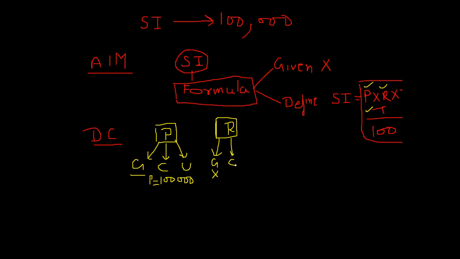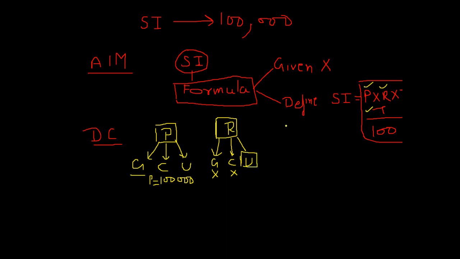No, nothing is given. So the value of rate of interest is not given, and no criteria for finding it is given either. So what is left right now? We have to take the value of rate of interest from the user.